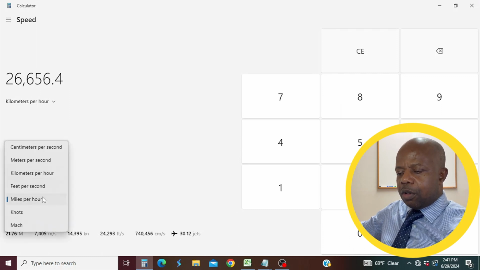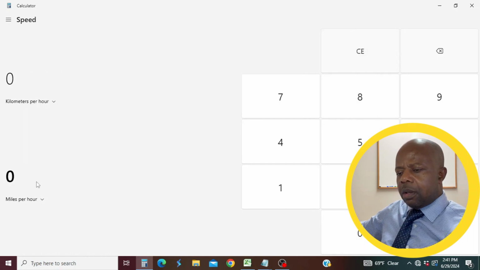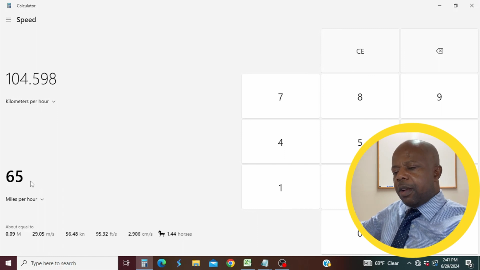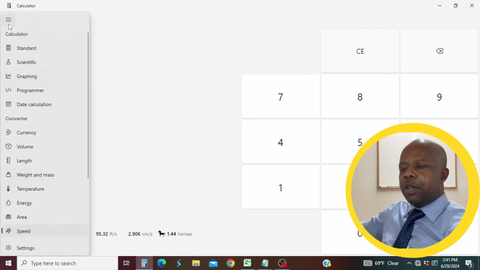Let's go to 65 miles per hour. That will be about 104 point something kilometers per hour. That's for speed.